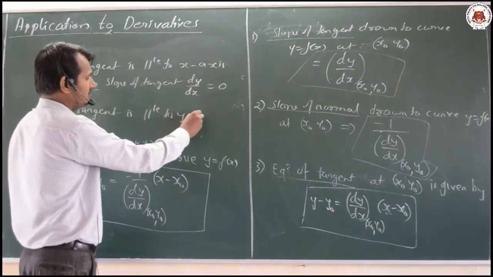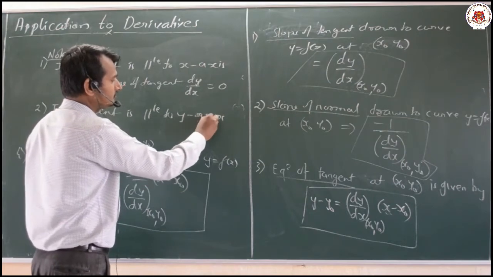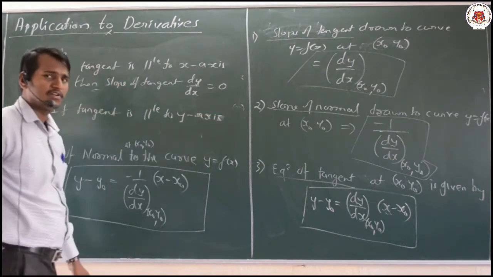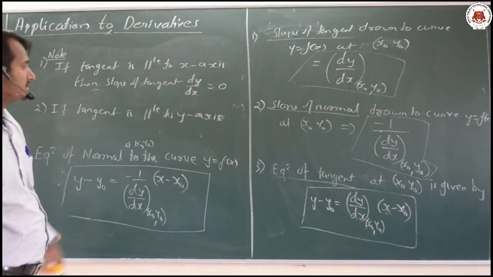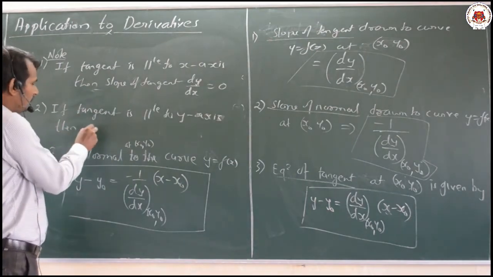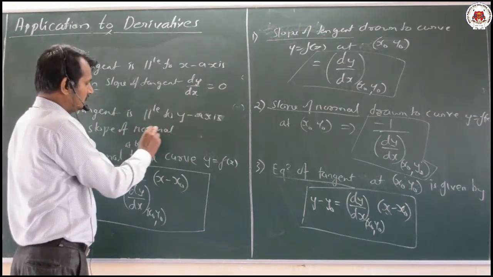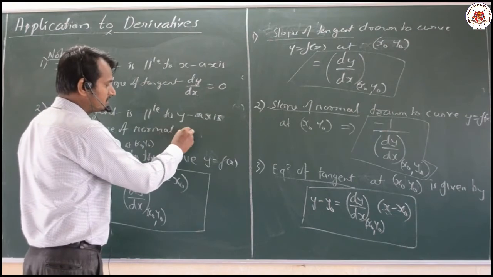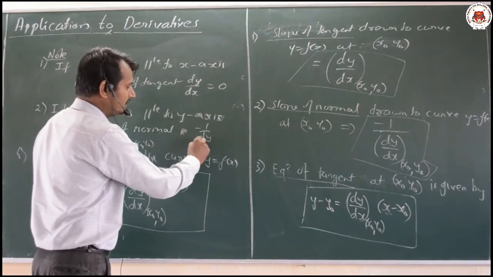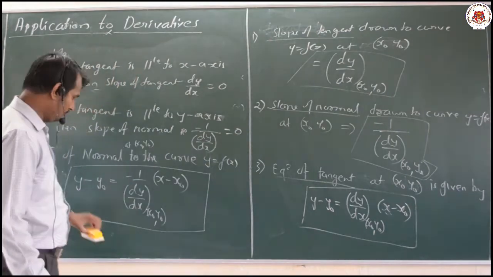The second point: if the tangent is parallel to the y-axis, or I can call it perpendicular to the x-axis, then the slope of the normal, that is minus 1 divided by dy by dx, will be equal to 0.